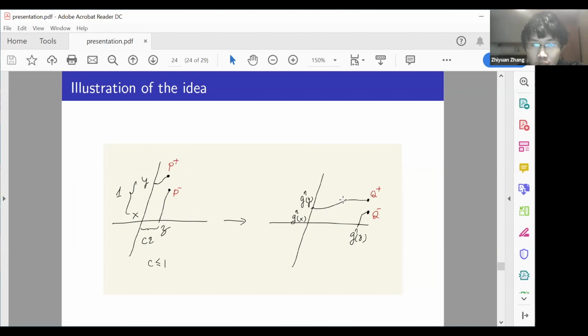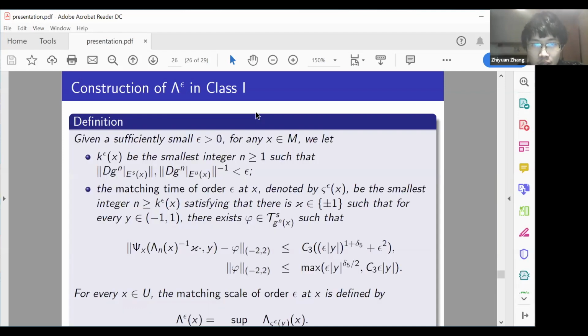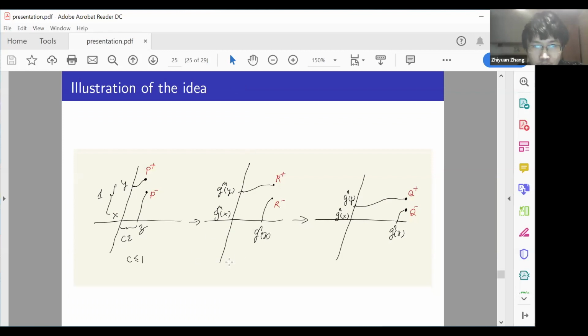Though you don't know precisely how it changes, you can know that the change of coordinates is a polynomial of degree k. This is the information we know. Okay, this picture maybe we don't explain too much.